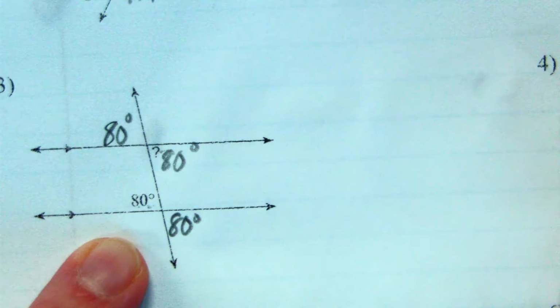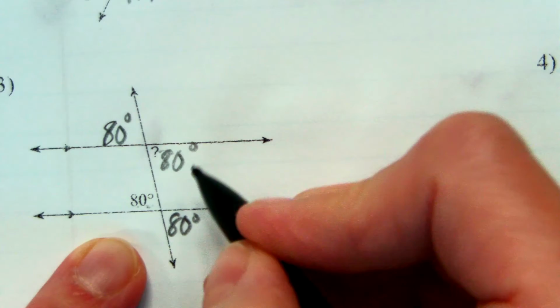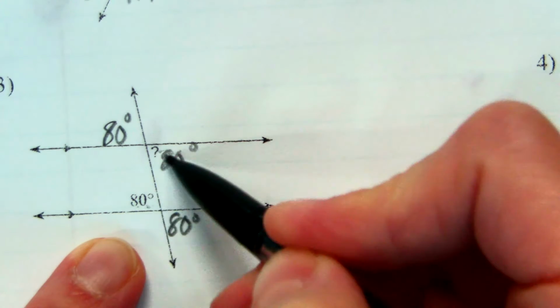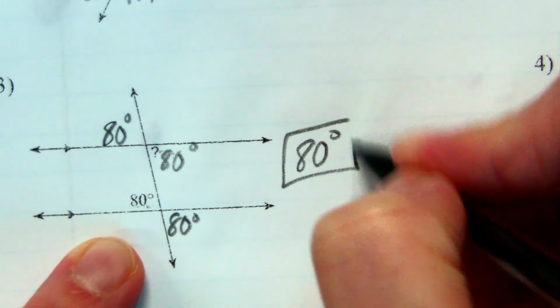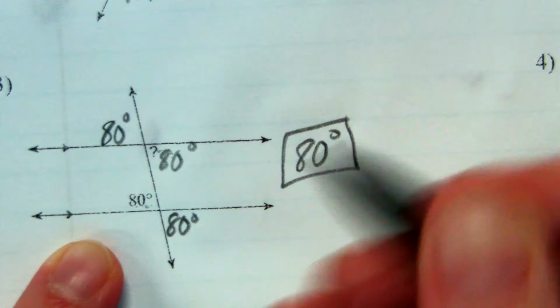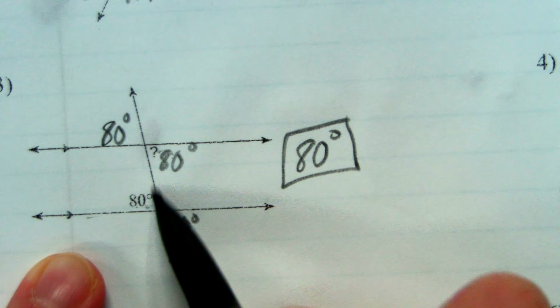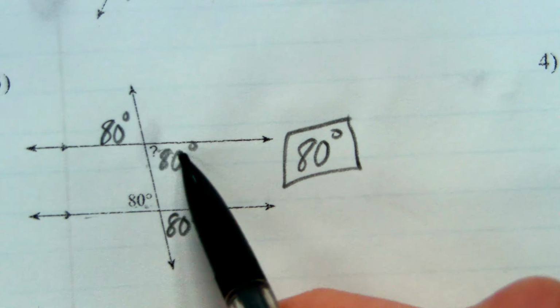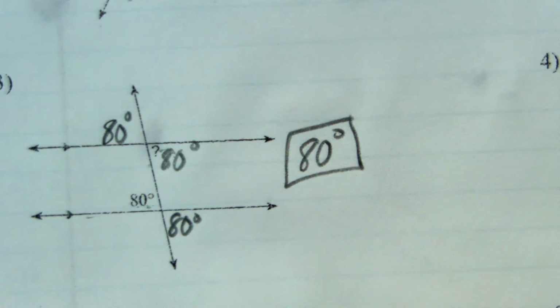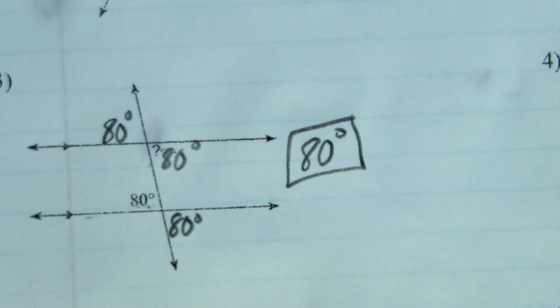All of those would be 80. So I don't actually have to do any math on those. I just know that these are going to be the same, and I can just answer 80 degrees. You could also check, if you wanted to, by tracing this angle and then doing what we did on the other page, rotate it and just make sure that it matches up, just to convince yourself.